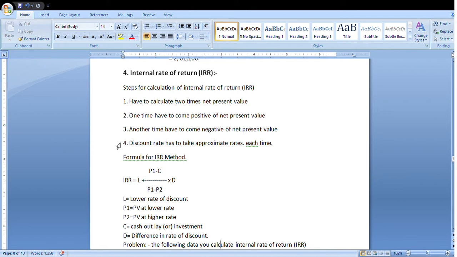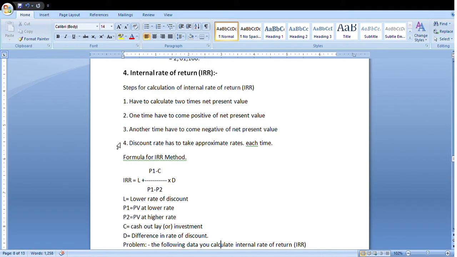Next, the discount rate has to be taken approximately each time.